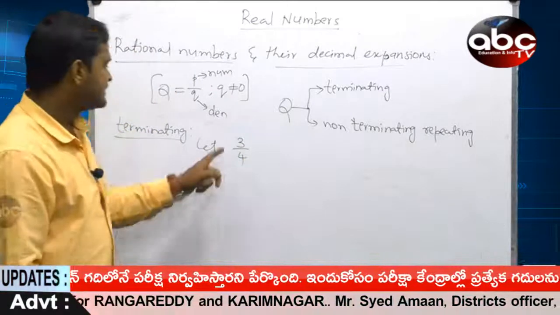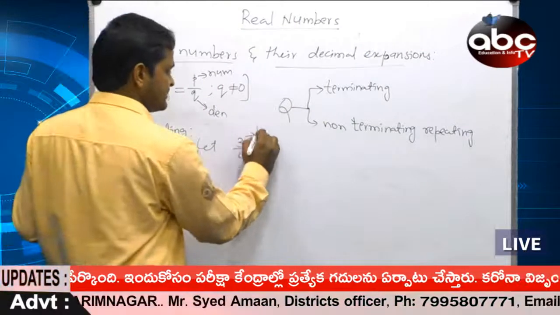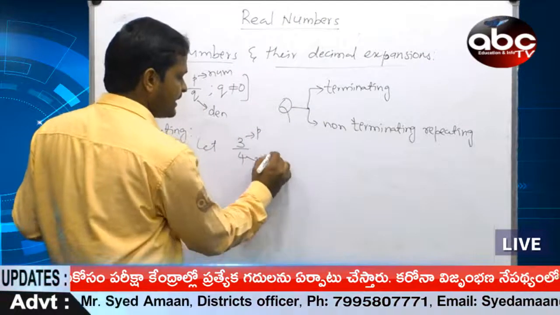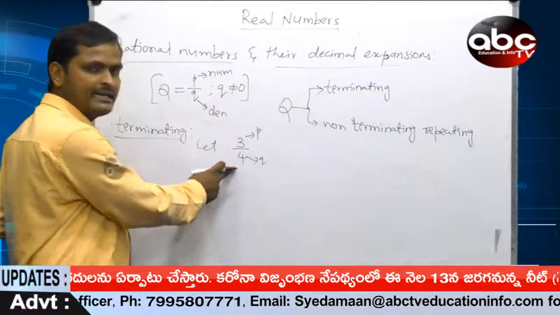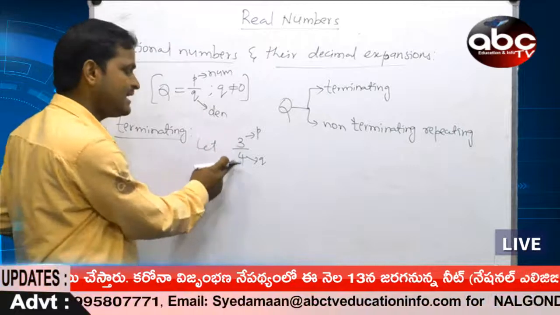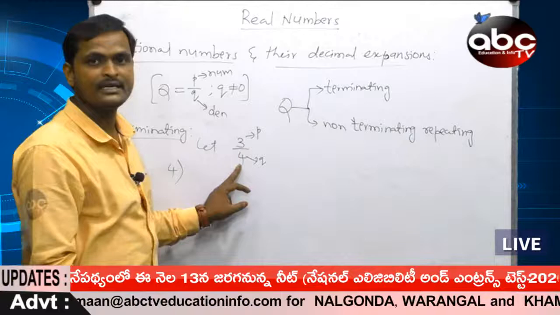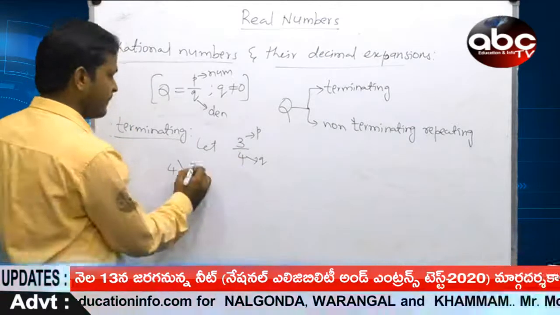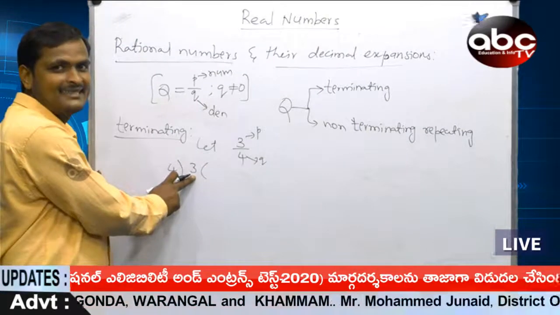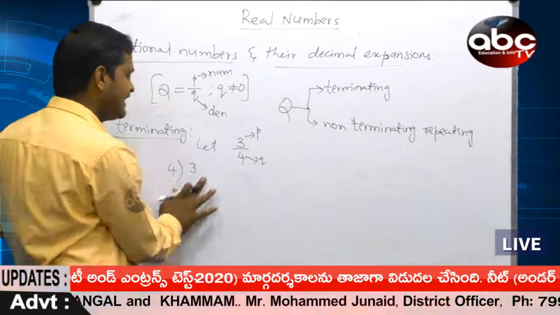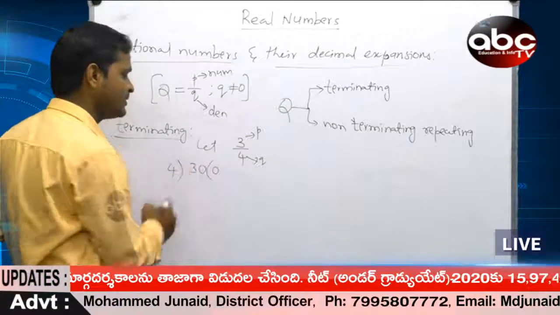See here, 3 by 4 is nothing but P by Q. P indicates 3 and Q indicates 4. How do we say whether it is terminating or non-terminating? Divide 3 by 4, that is 4 divides 3. The dividend is smaller than the divisor, so put here 0 point, here 0.